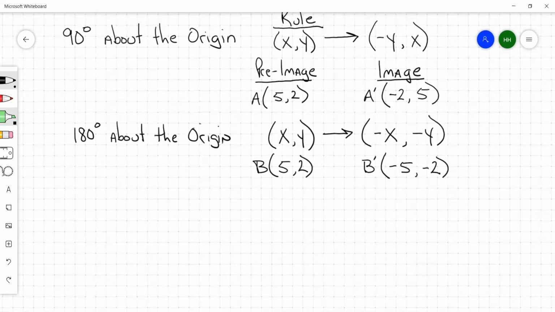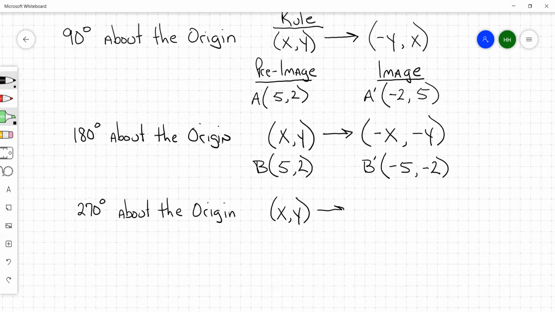All right, 270 about the origin. If you're going 270 degrees about the origin, your rule is that for every x, y value that you have after the rotation, your new x will be your original y.